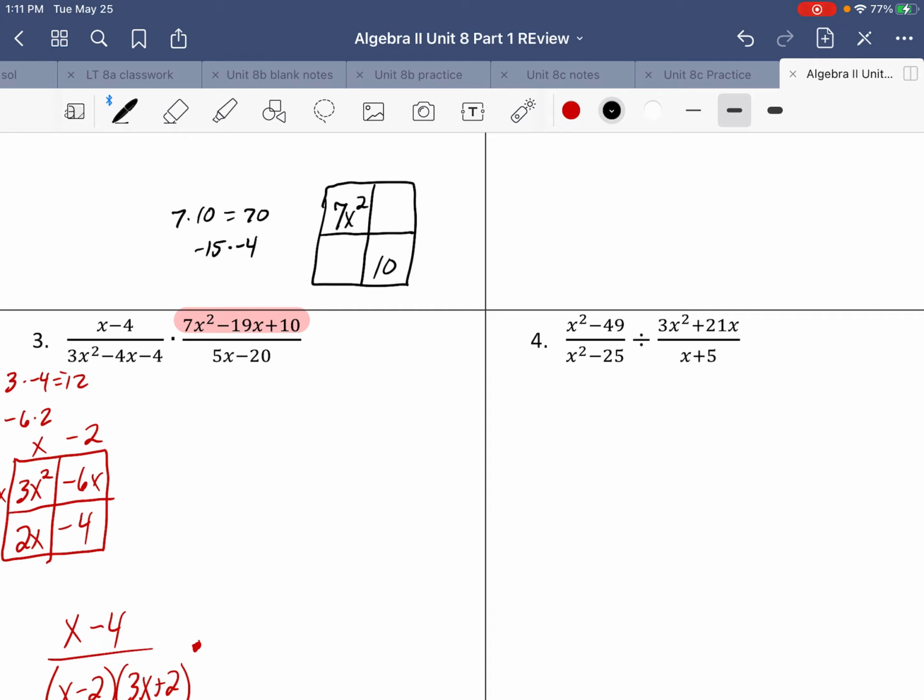A term top left, C term bottom right, negative 15x, negative 4x, greatest common factor 5, greatest common factor of the first row, oh no, it's not. My bad. It is not negative 15 and negative 4. What is it?